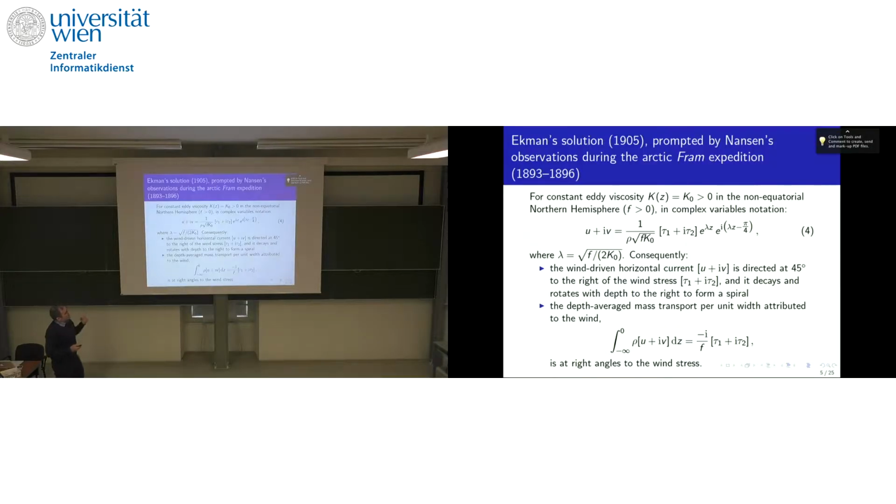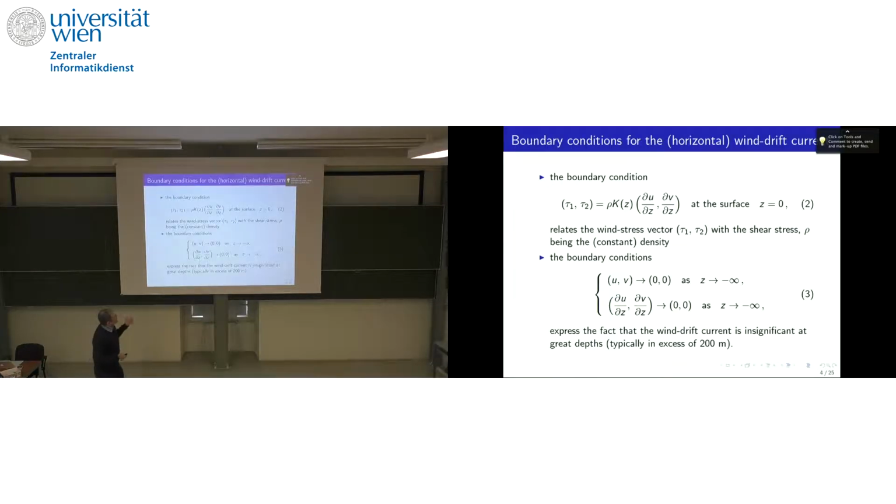It won't be as elegant as Ekman's, but if K depends linearly on z, then you can do something with Bessel functions. There are very few explicit solutions where you can find a formula for the wind drift current, and there are some results where you can get a good approximation. So even if you don't find an explicit formula, you can find a reasonable approximation.